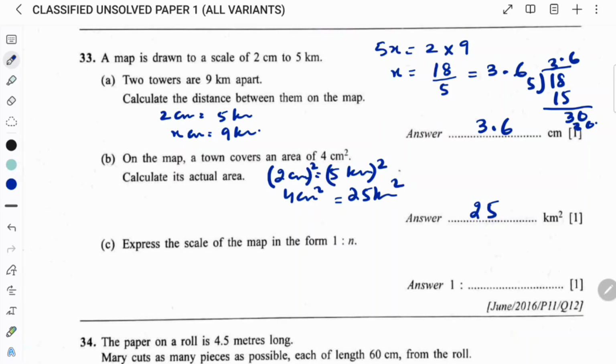Express the scale of the map in the form of 1:n. So 2 centimeters is equal to 5 kilometers.